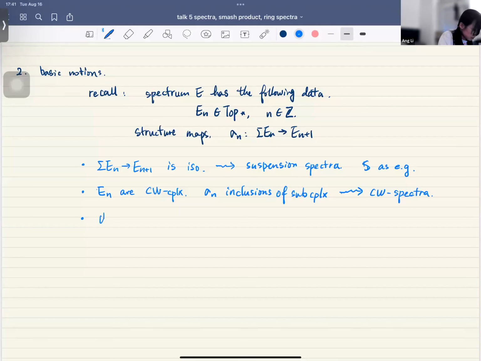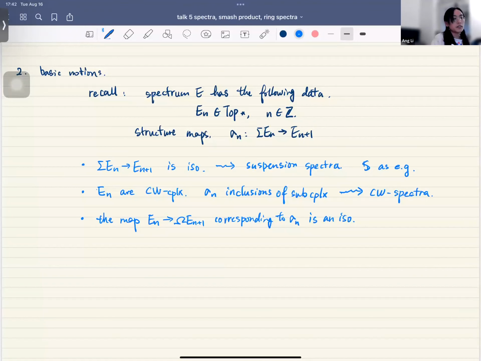So the map induced from the structure map σ_n goes from E_n to ΩE_{n+1}. If this is an isomorphism for every n, then you get an Omega spectrum.